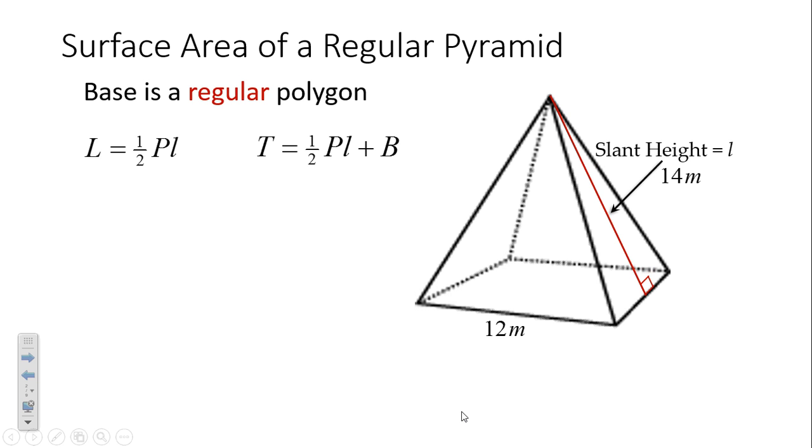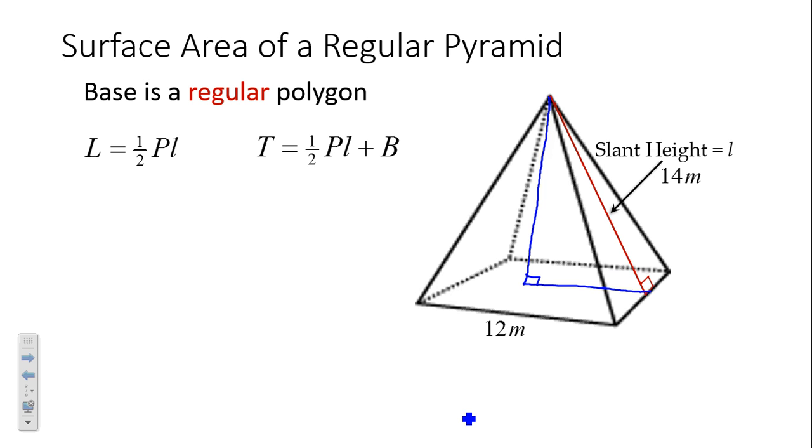And yesterday, when we were working with cylinders or with prisms, we had L equals P times H, right? Now it's different. What's L? L is the slant height. So it's not the height that comes from the peak of the pyramid to the middle of the base.